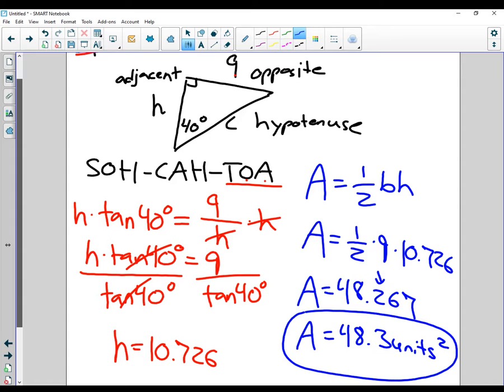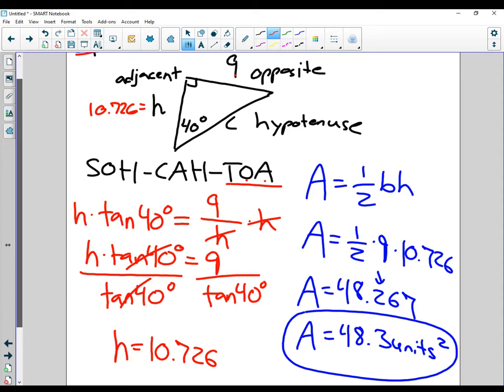Oh, hey, if we're still looking for the perimeter, right, we got h, but to find the perimeter, we're still missing the hypotenuse.